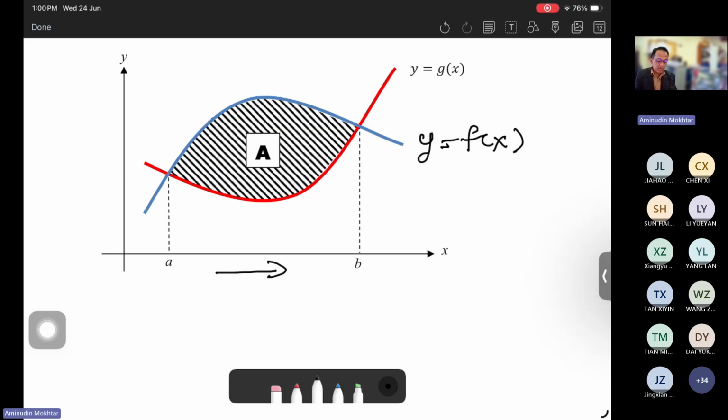In order to find this area, we can apply the definite integral. But how to find this area?